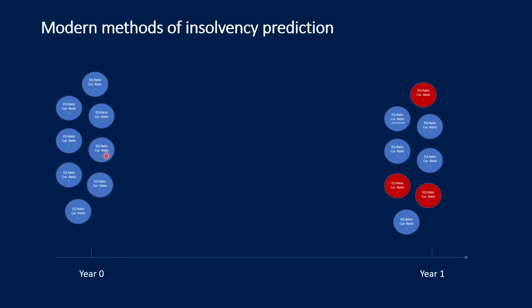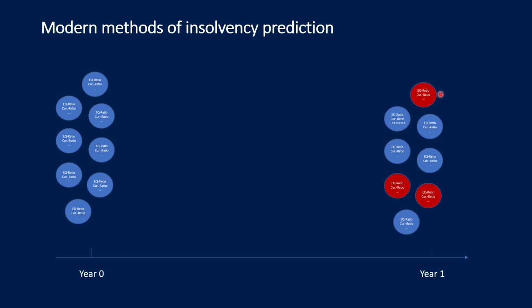Of course, that's what we see here. And after 1 year, so in year 1, we again take a look at the same set of companies. In this set of companies, there will be some who survived this year properly, but some will have filed for insolvency due to their economic status.